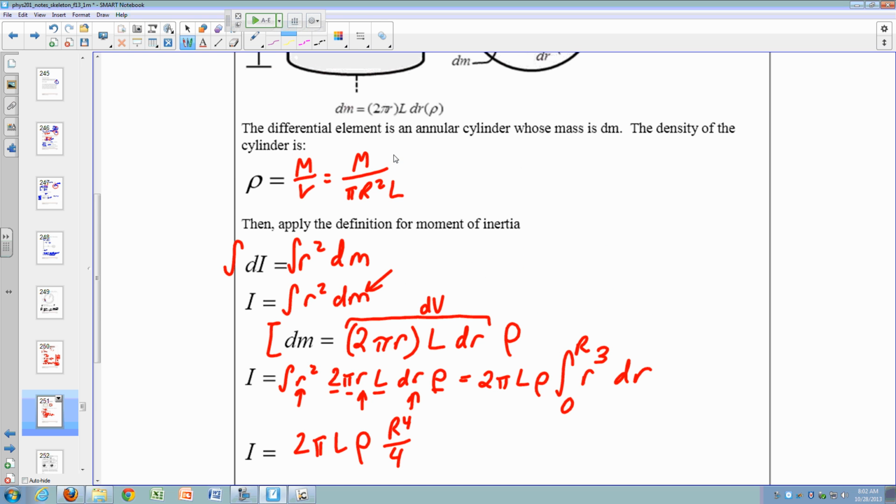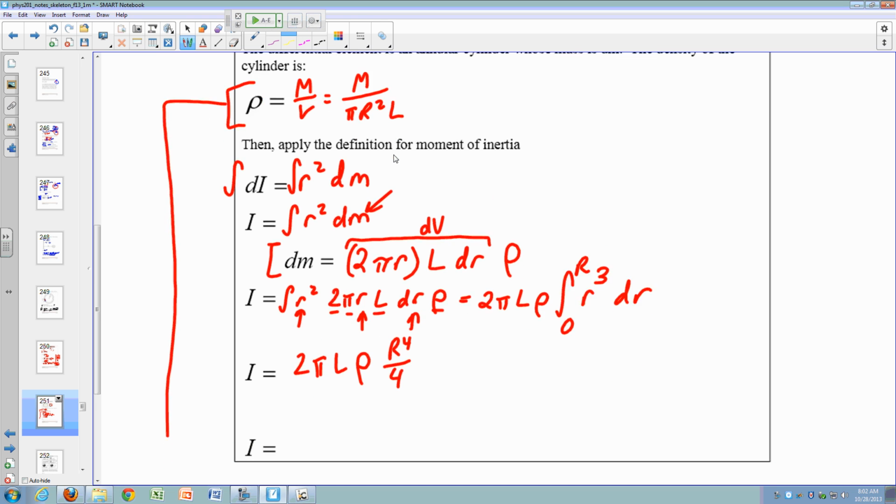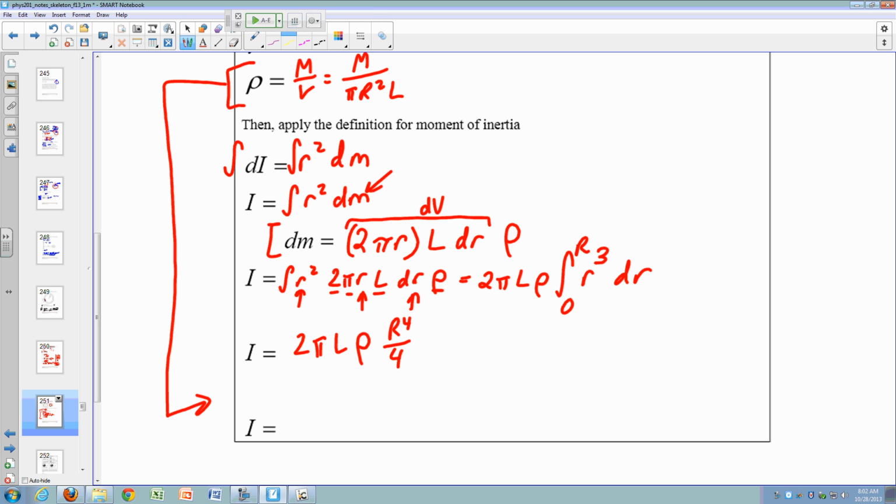I have this expression for rho up here, so I'm going to put it in down here for rho. So I have 2 pi L, rho was m over pi r squared L, times r to the 4th over 4.